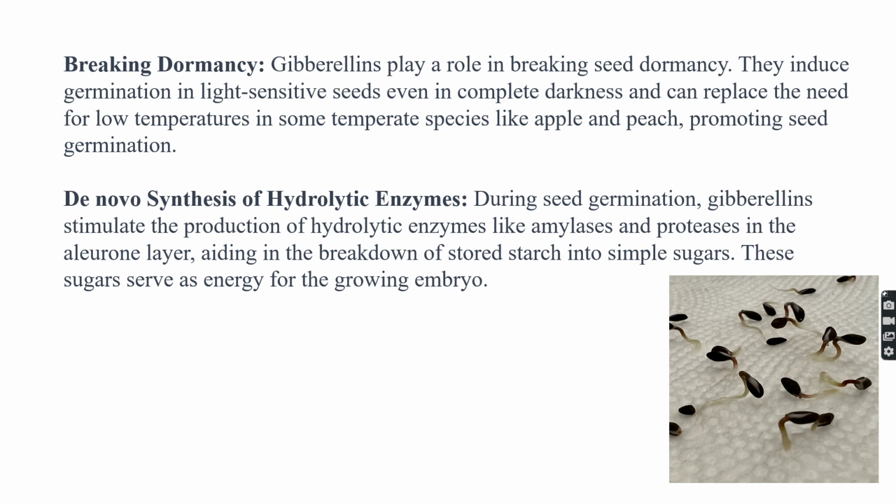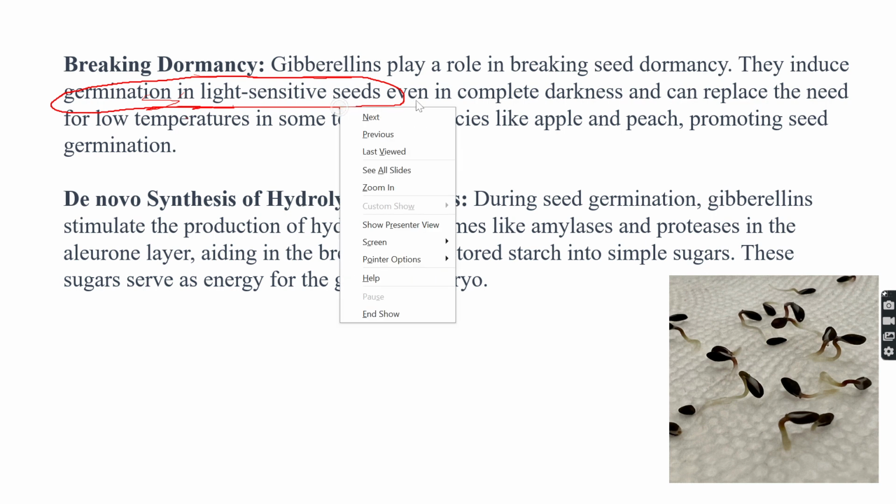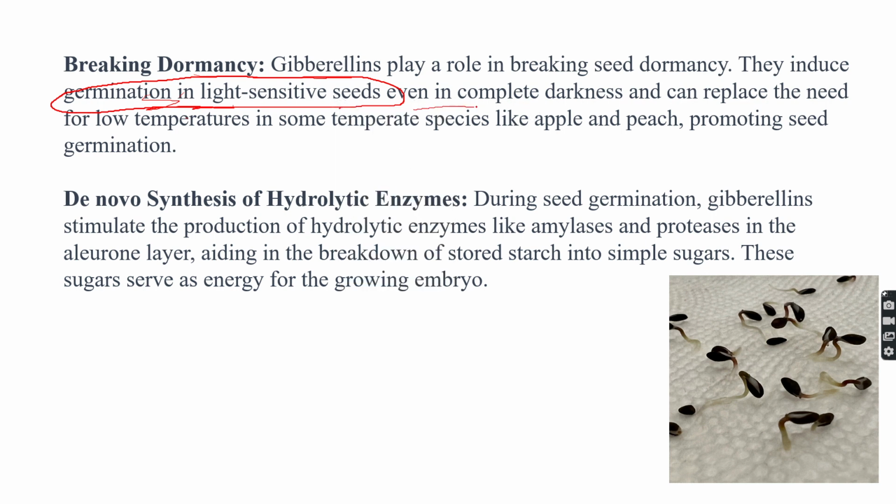Another important role of GA is that it breaks dormancy and helps in germination of seeds. Gibberellin plays an important role in breaking seed dormancy. They induce germination in light sensitive seeds, even in complete darkness. That means it is basically replacing light in seed germination.